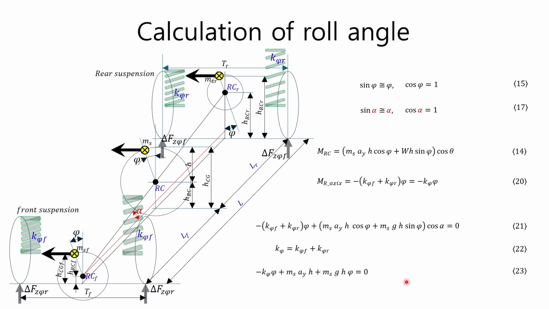Equation 23, the moment about the roll axis, includes both the front roll stiffness and the rear roll stiffness. When equation 23 is rearranged in terms of the roll angle phi, the roll angle phi can be expressed in terms of the lateral force generated by the sprung mass, the weight, and the roll stiffness.